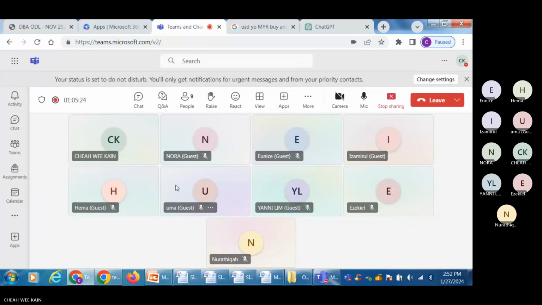Now the government give everybody money. Government give a lot of money to Eunice, to Nora, to Hema, to Uma, to Lim Yani. So everybody got extra money. So if you are selling nasi lemak and you see everybody got a lot of money, what do you do?